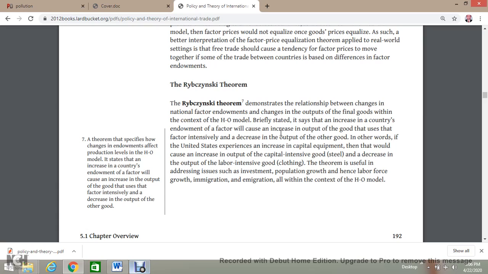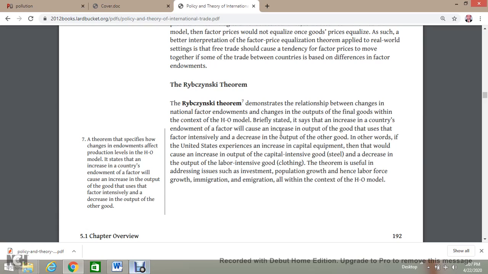So what happens automatically is the output of the good which uses this factor intensively has to increase, and obviously for the other factors being used for producing the commodity, the demand will automatically decline.